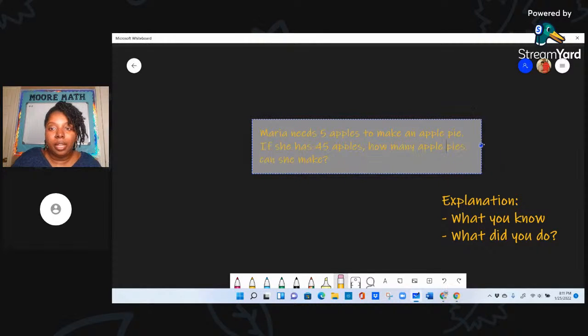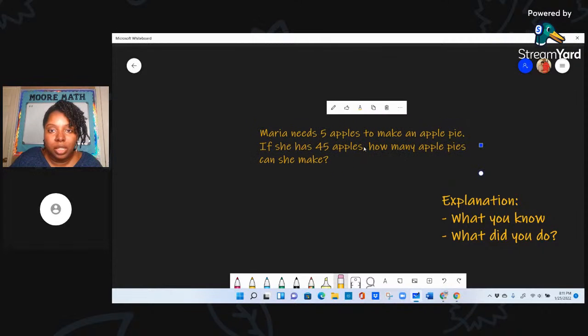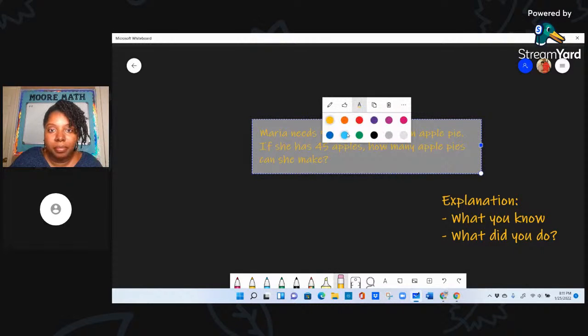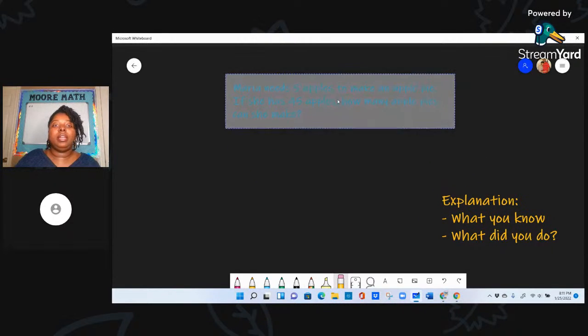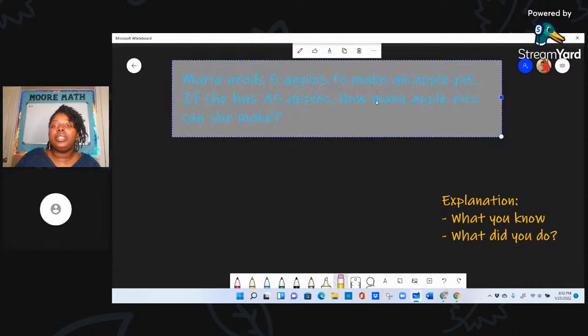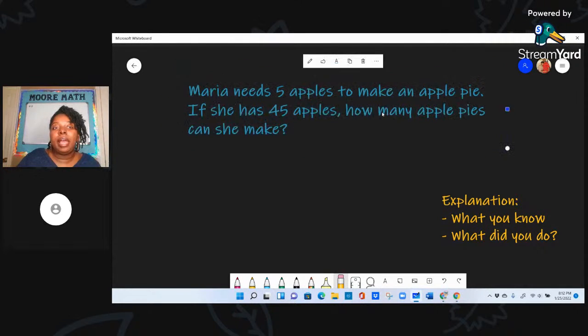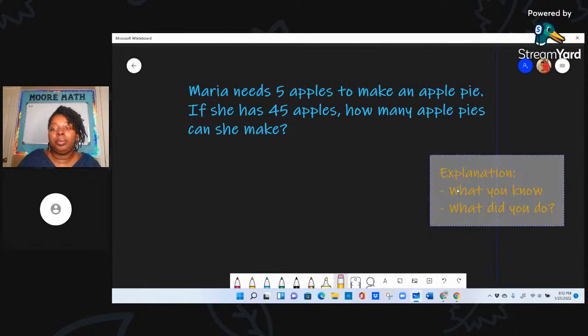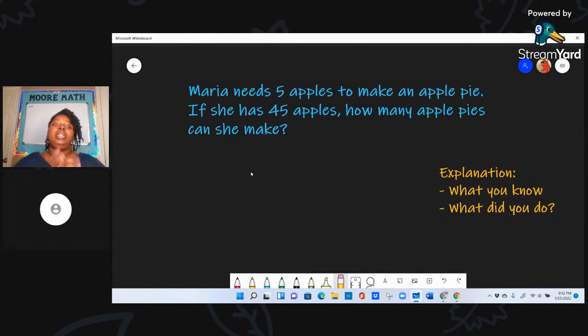Okay. I'm going to change this color for you. So let's try this. I want you to tell me the answer, and then I'm going to have you write an explanation of how you knew what to do and read it to me, okay? So Maria needs 5 apples to make an apple pie.